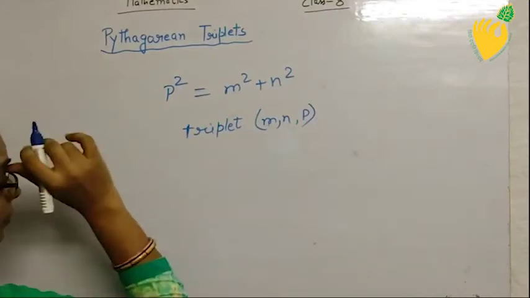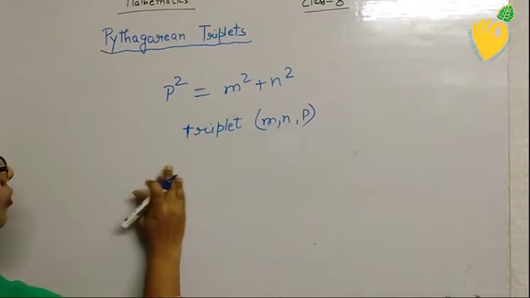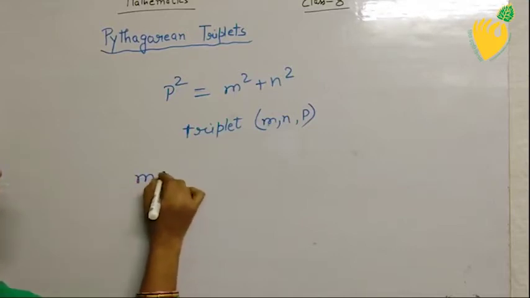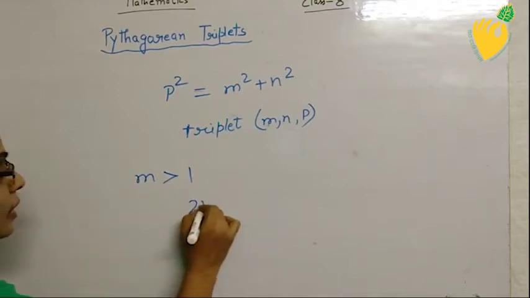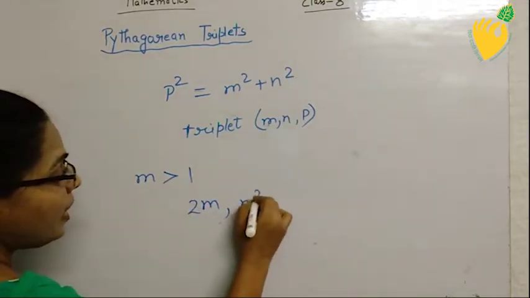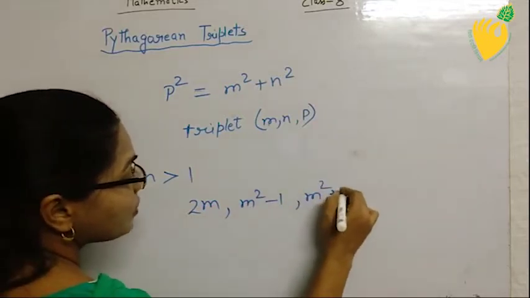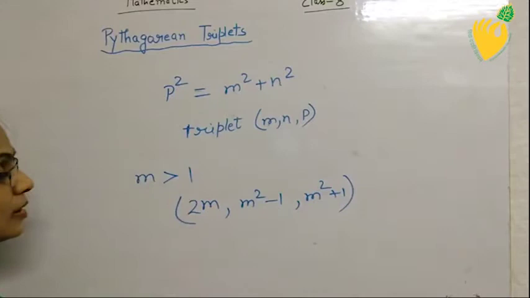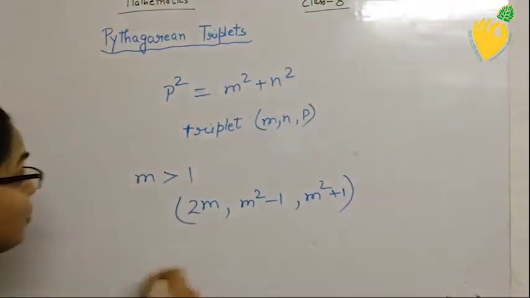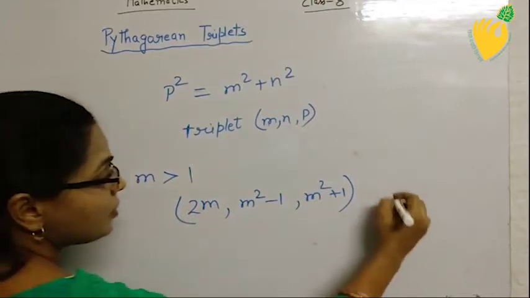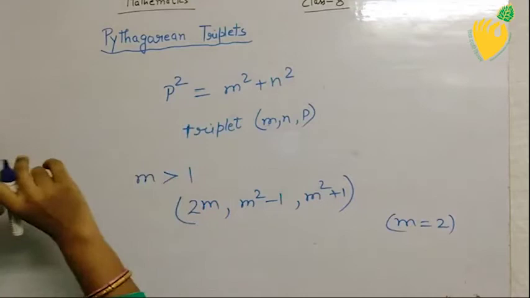And the Pythagorean triplet, students, is: suppose m is any natural number greater than 1, then 2m, m square minus 1 and m square plus 1. This is the set of Pythagorean triplet. Suppose we take m equal to 2. m must be greater than 1, students.